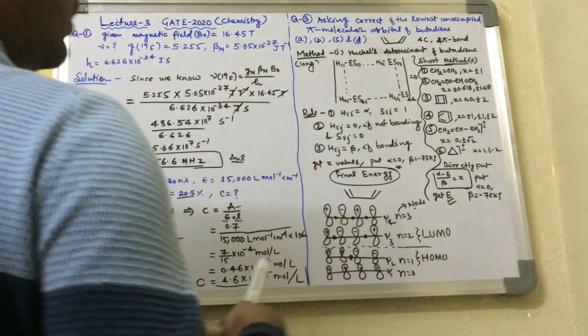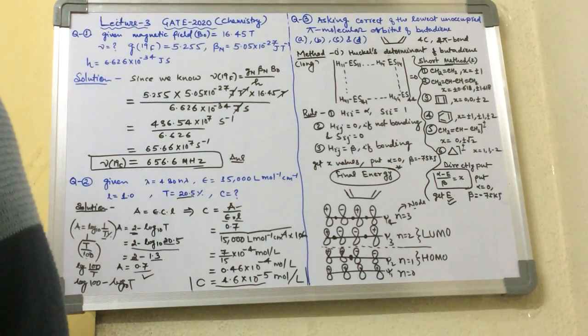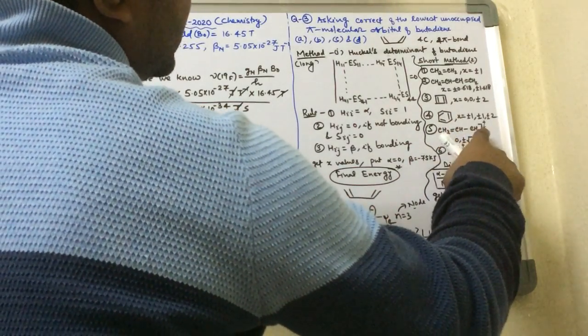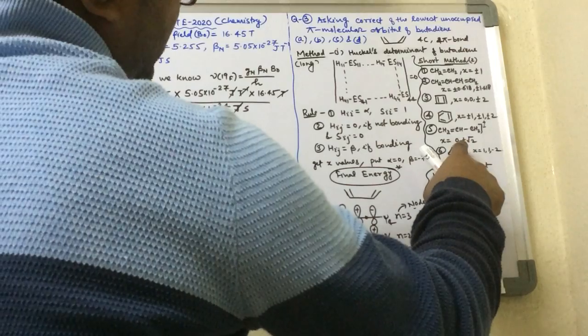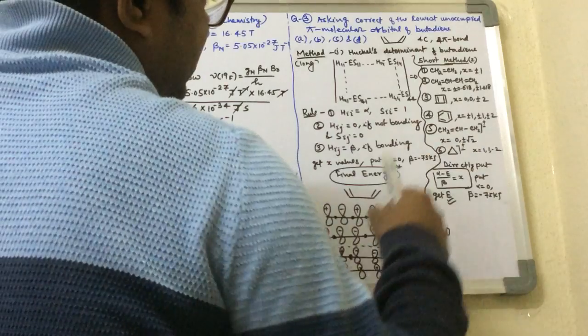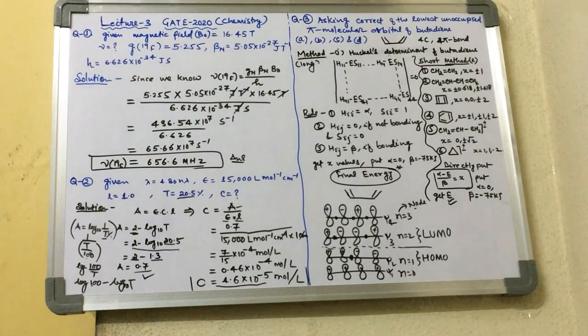And this is allyl. Here there are 3 carbons, so there are 3 x values: 0, plus minus root 2. And for this one also 3 x values: 1, 1, minus 2.